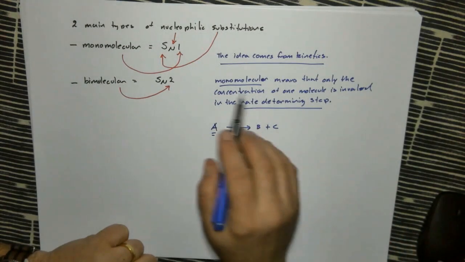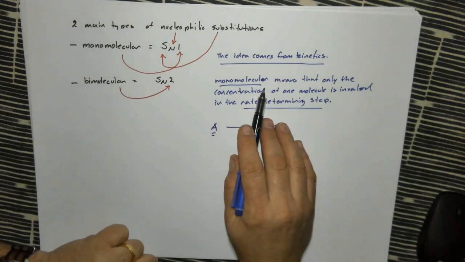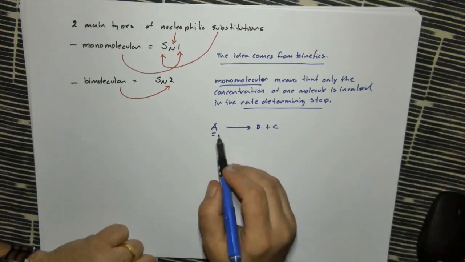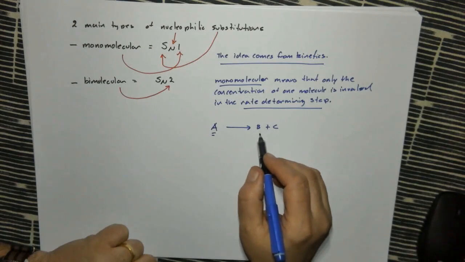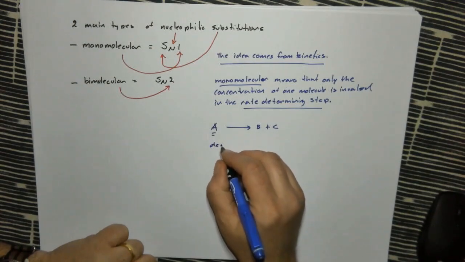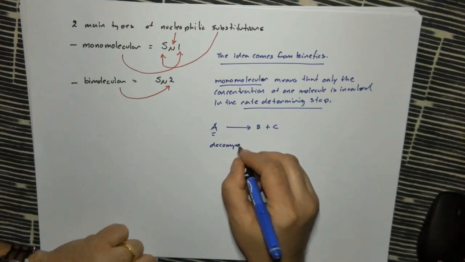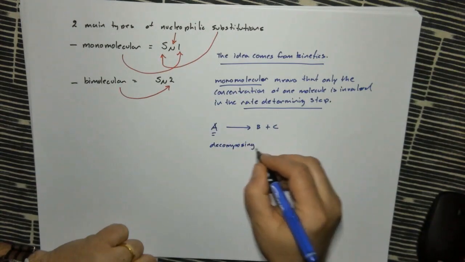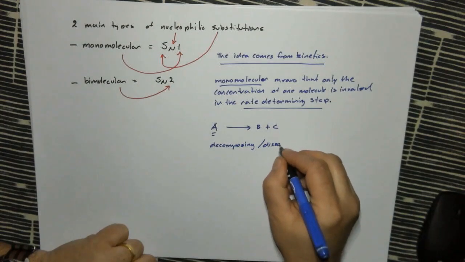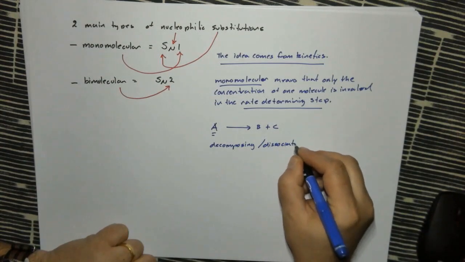So if you have a monomolecular step in chemistry, or at least in kinetics particularly, then it implies that A is either decomposing or dissociating.